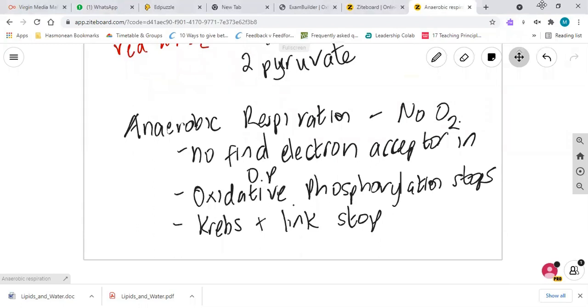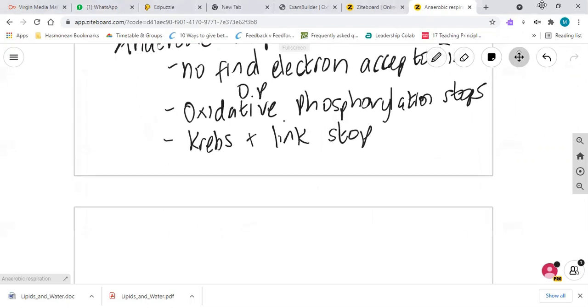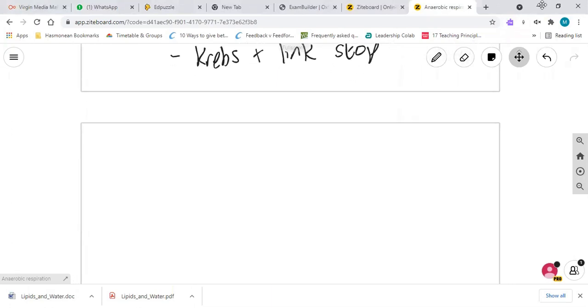If we can't take them into oxidative phosphorylation, then we won't do Krebs and the link, because we don't want to keep producing reduced NADs, because if we keep producing them, we'll eventually run out of NADs completely. So basically, anaerobic respiration would only involve glycolysis.